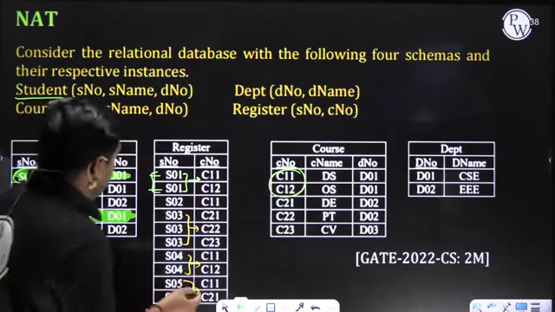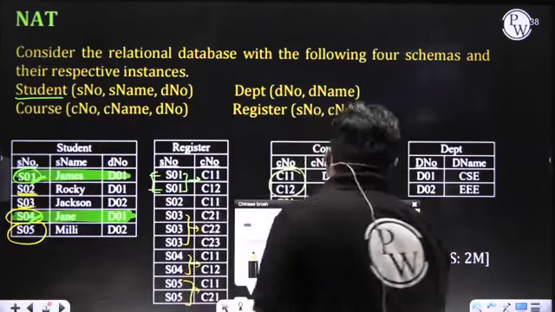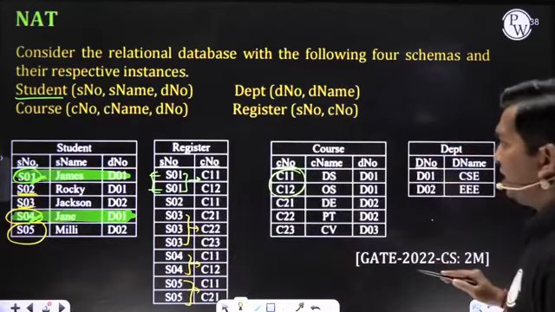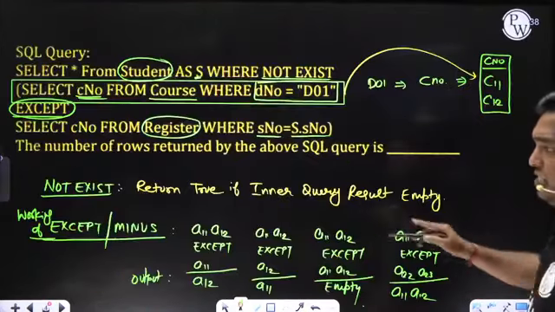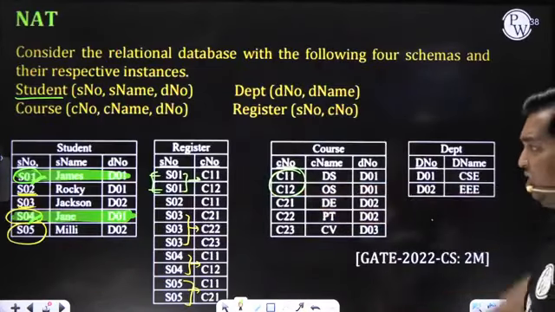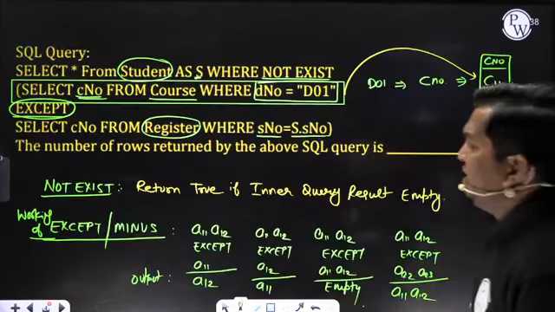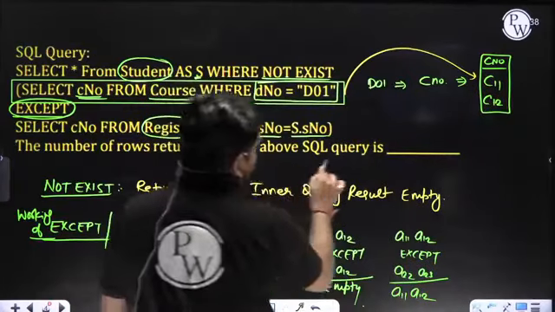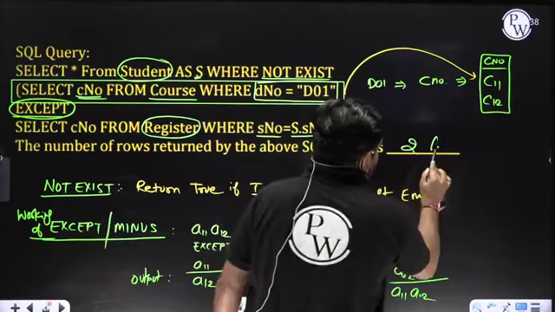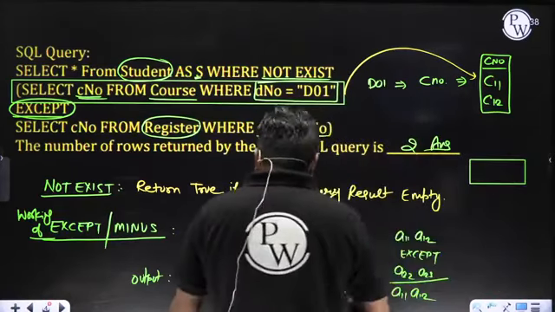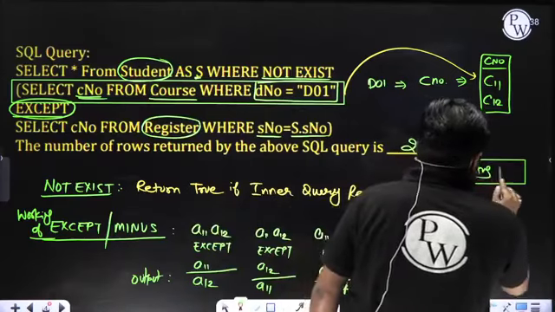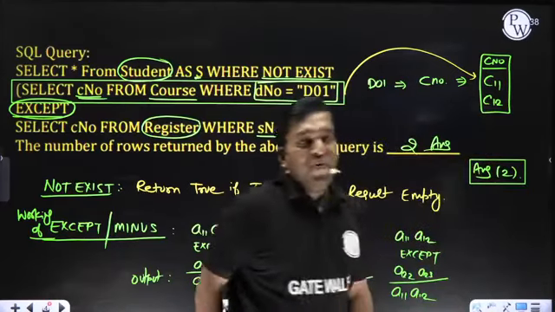Clear? So it is asking how many rows are returned. So 2 is the correct answer for this question, my dear student. Hope you are getting it.